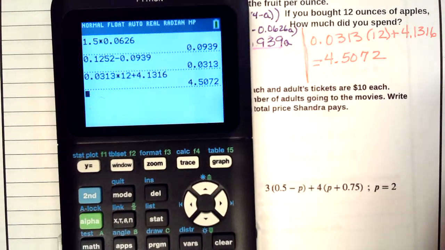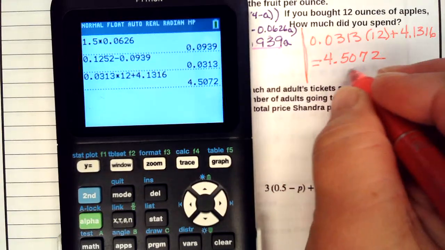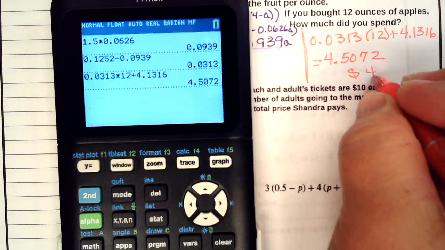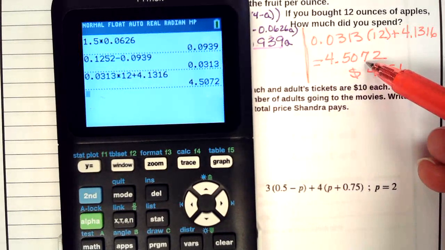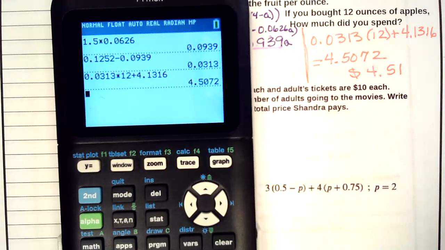I rounded to the nearest what? The nearest hundredth. So this would be $4.51 because the 7 would cause the 0 to round up.